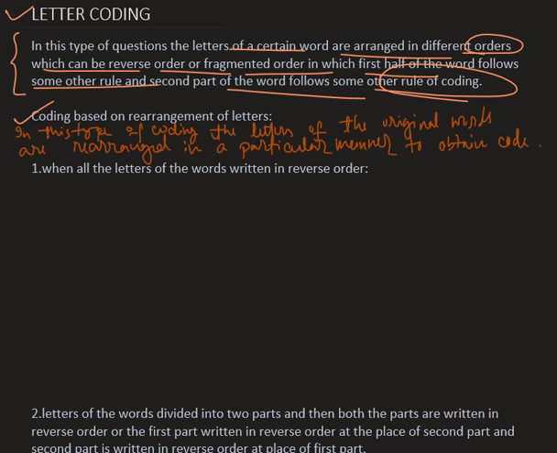Now the first variant of this topic is when all the letters of the word are written in reverse order. Now see one example to understand this topic more carefully.